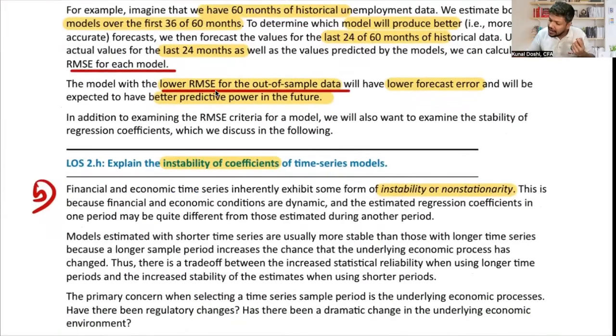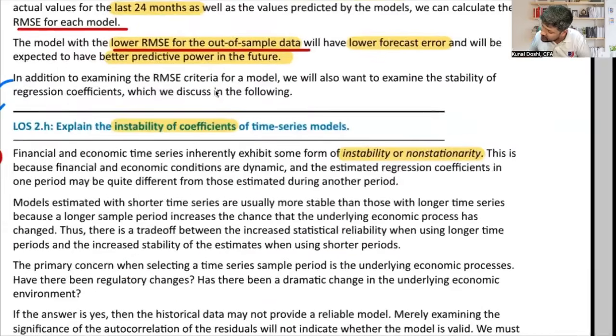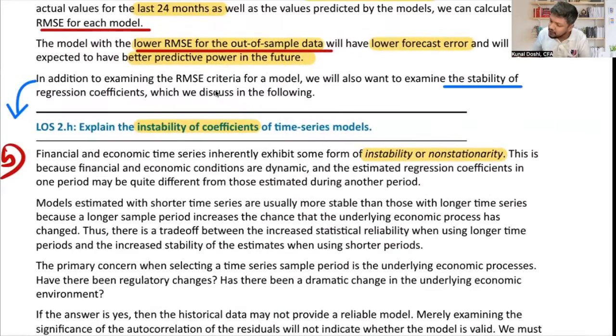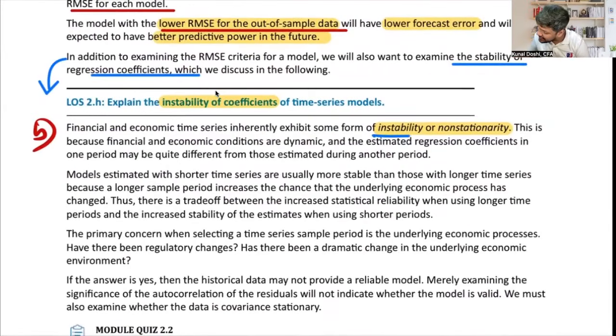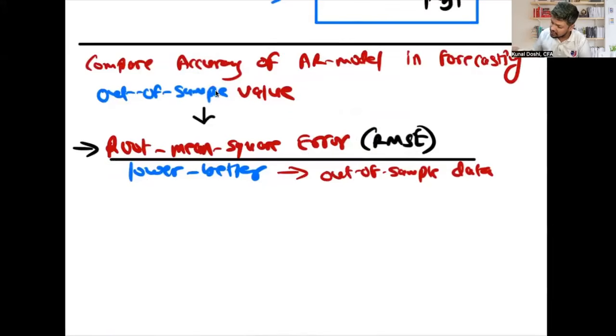However, along with RMSE, we will also examine the stability of regression coefficients. When I say stability, we will test whether the coefficients are unstable or non-stationary.